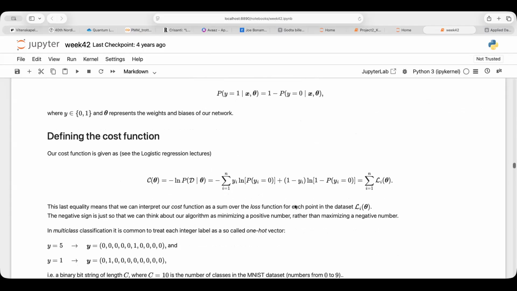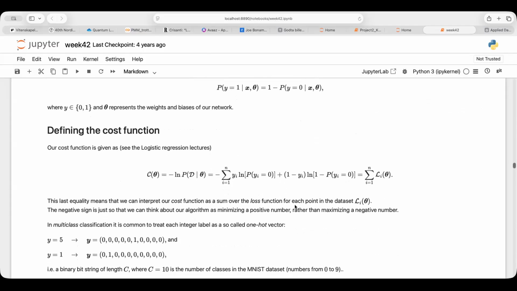So when you deal with a cost function, this is the typical cost function which you will have for the binary case, which we will not study in project 2, but you're going to write a code where you will have this one as well, so that you can actually use your code for a binary classification case as well, if you want to.